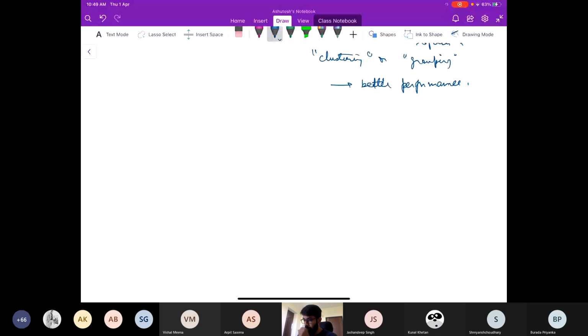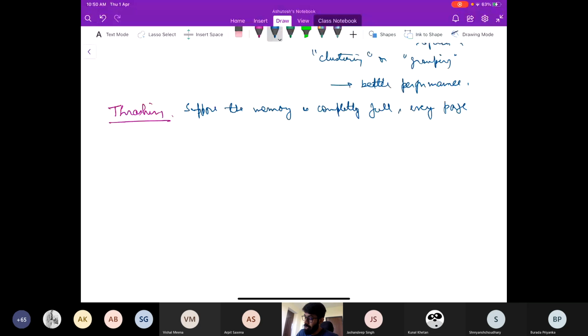And then there is the other concept of thrashing. Suppose the memory is completely full and every page access is resulting in a page fault.